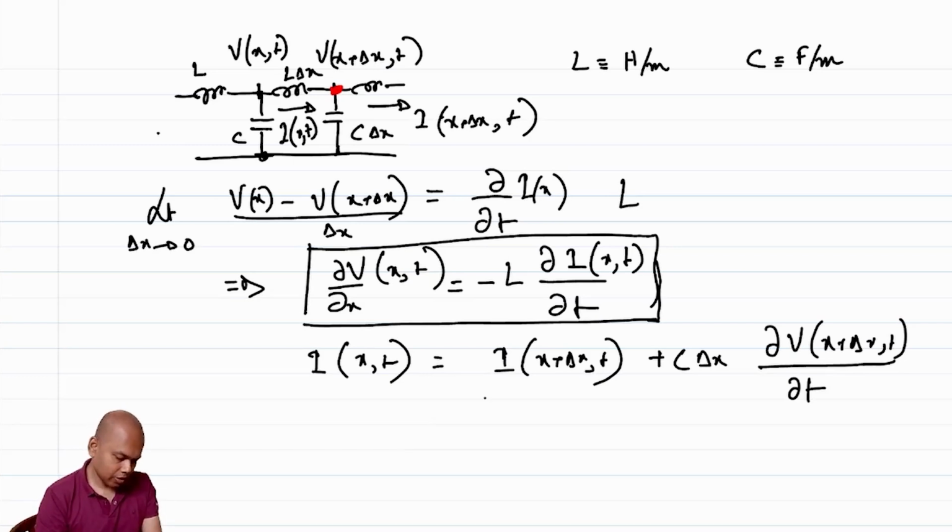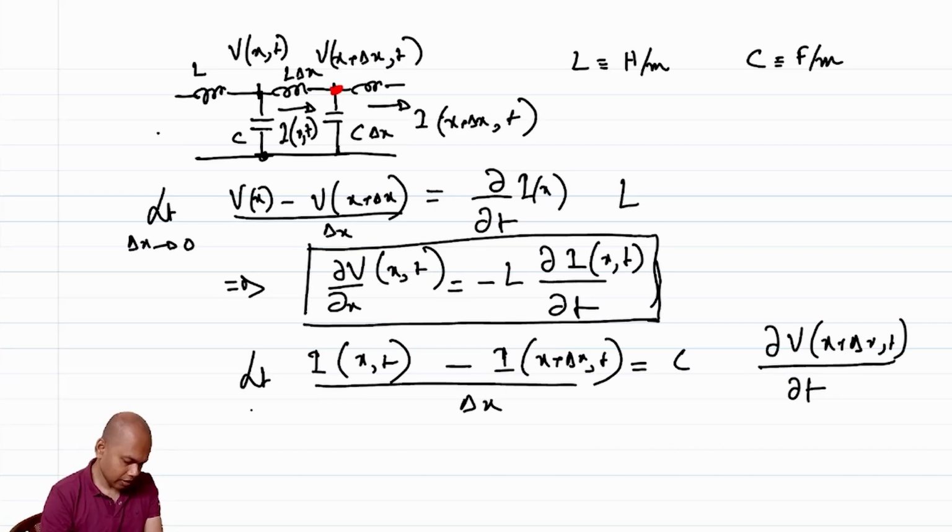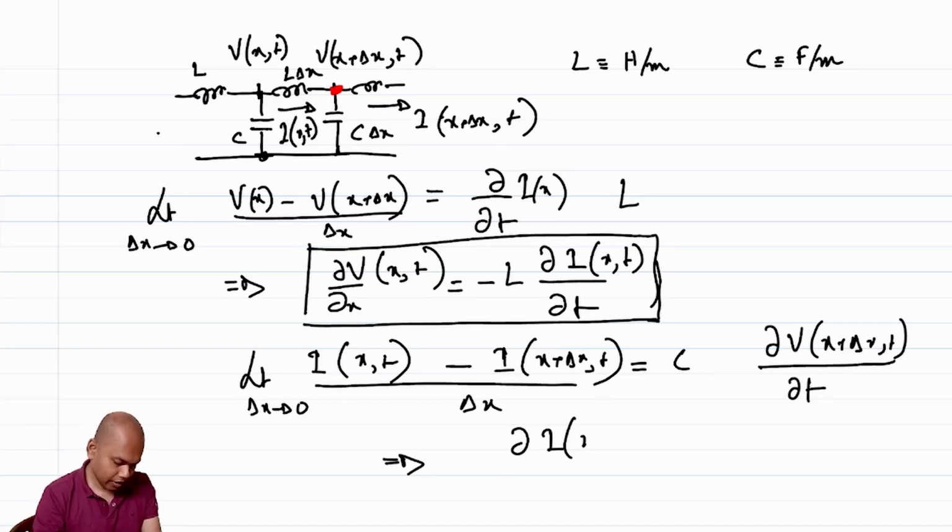So I take this on the left hand side and divide by delta x and take the limit as delta x tends to 0, which essentially means that I get again negative dou I dou x is equal to negative C dou v of x comma t dou t, right?